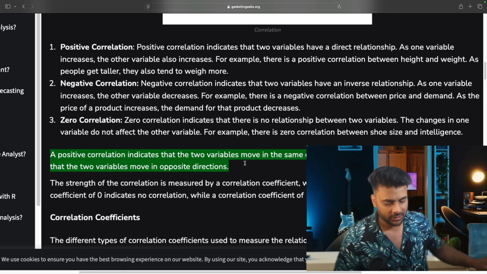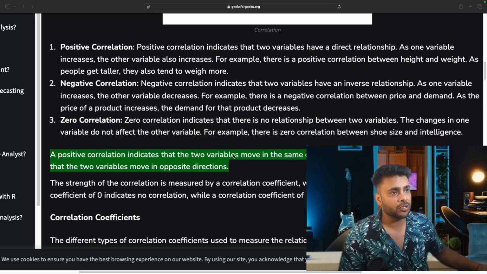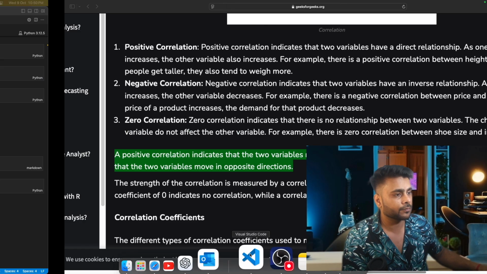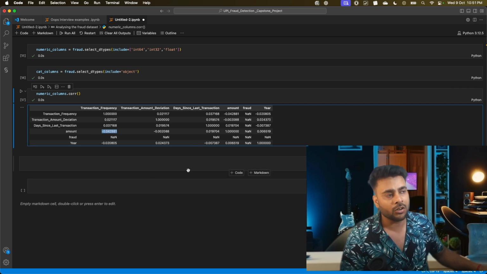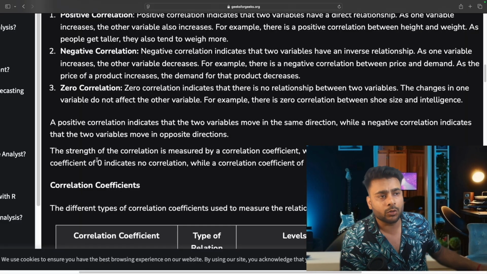As you can see in the code as well, if I show you the code, the correlation coefficient ranges from +1 to -1, and that is it. That's the range of it. It cannot be more than 1, or less than -1. A correlation coefficient of 0 indicates that there is no correlation, while a correlation coefficient of +1 or -1 indicates that there is a perfect correlation.